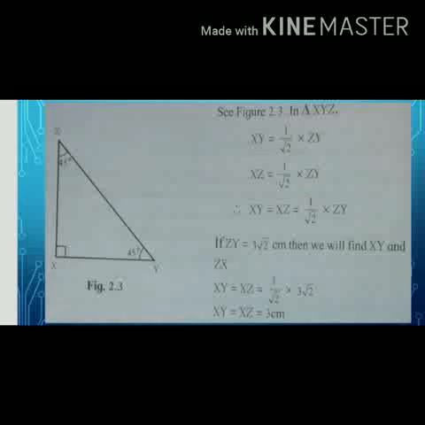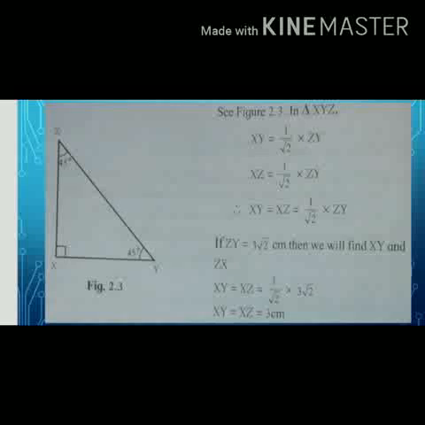We know that if the triangle has 45 degree and 90 degree angles, then by using this formula we can find the corresponding sides. The sides of the right angle are similar, and the corresponding sides XY and XZ are similar.